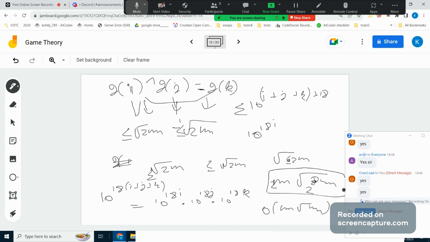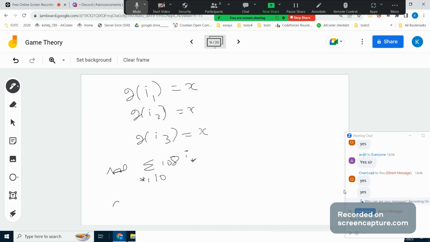So for a fixed Grundy value in the first graph, we take this value and multiply it by the second and third. So if we have 10 to the power 18 i1 plus 10 to the power 18 i2 plus 10 to the power 18 i3, we multiply it by 10 to the power 18 j1 plus 10 to the power 18 j2, say, and so on.